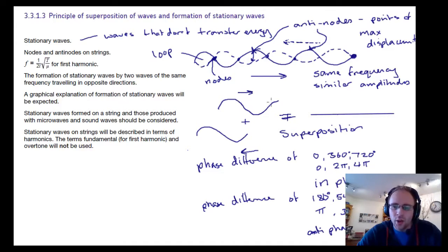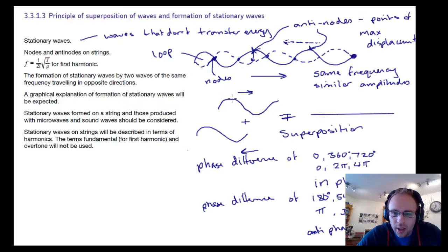So all of the disturbances in a travelling wave or a progressive wave have the same amplitude, but no adjacent parts are in phase with one another. I would have to go to the whole next cycle to find two parts that were in phase.